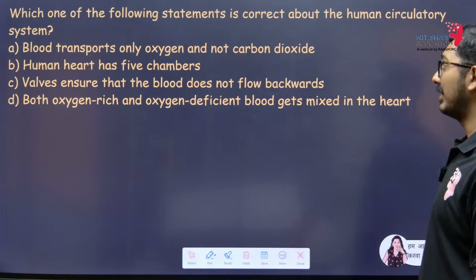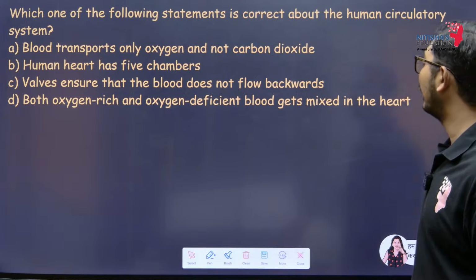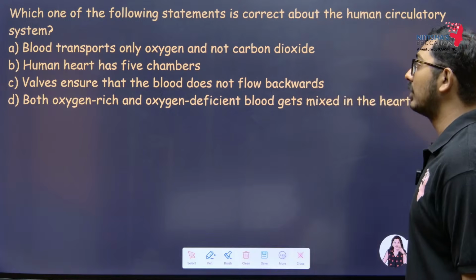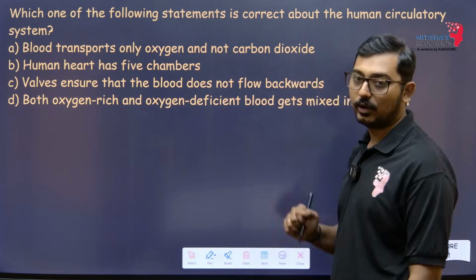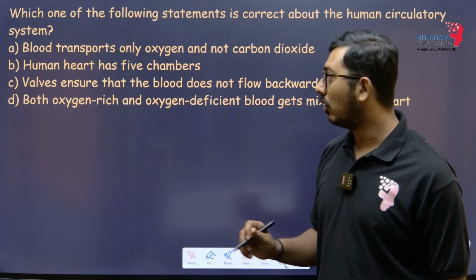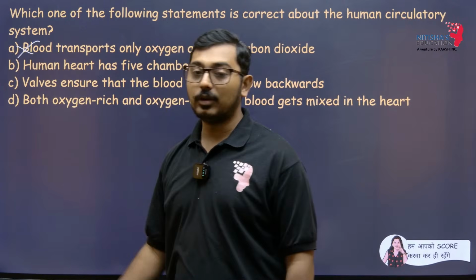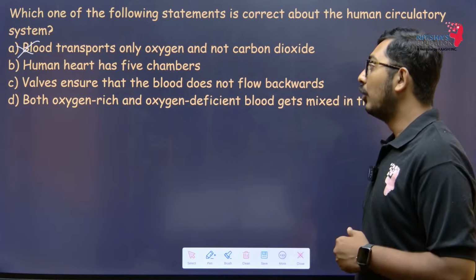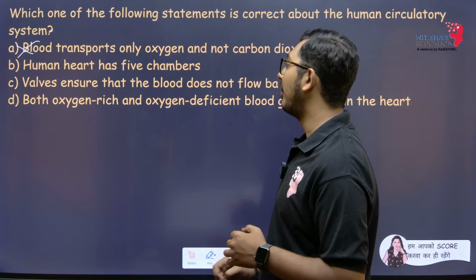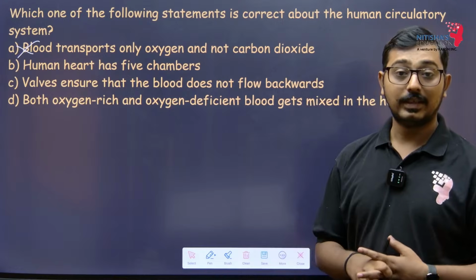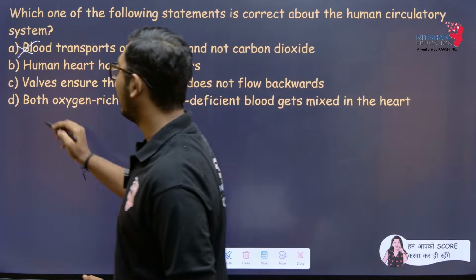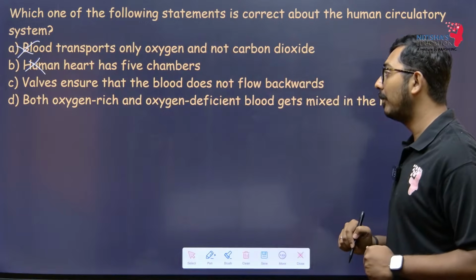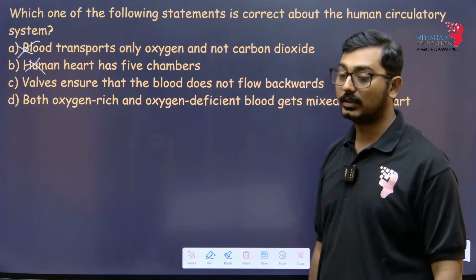Which one of the following statements is correct about the human circulatory system? Blood transports only oxygen and not carbon dioxide. That is entirely wrong, because carbon dioxide is being released by us. Human heart has 5 chambers. That is also wrong. Human heart has 4 chambers. Valves ensure that the blood does not flow backwards.